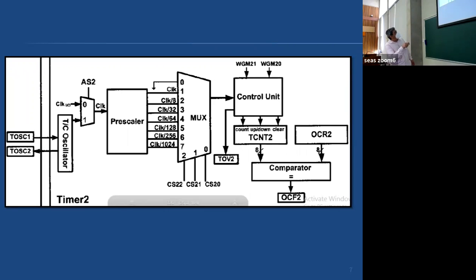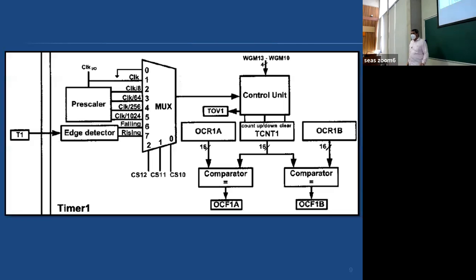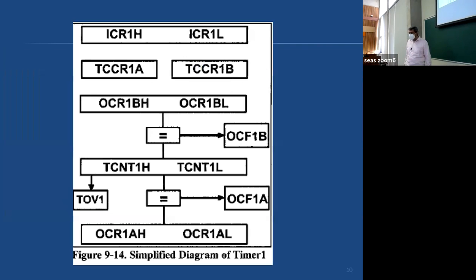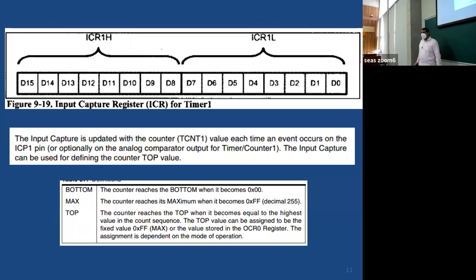We have two external connections. Timer 1, again, we can have input from outside, very similar to timer 0, with some difference. It is a 16-bit timer, and these are the control words for them. With 16 bits, we can have a high and low, 8-bit equivalent.